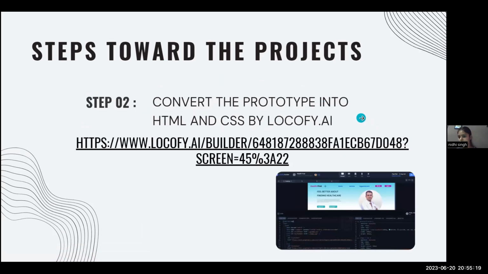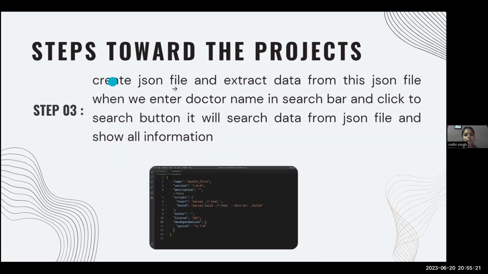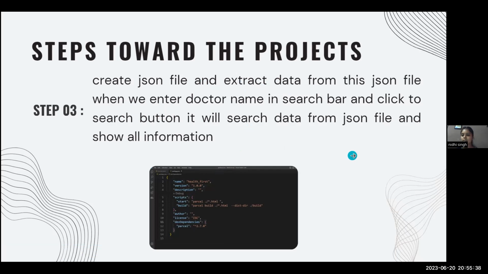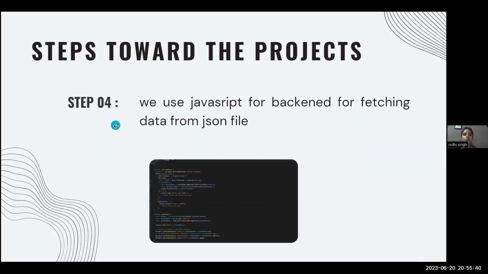After creating the prototype and front end page, I created a JSON file and extracted database data from this JSON. Here we enter the doctor's name, doctor's information, and doctor's location. Now we move to step four. After the HTML and CSS code was converted, I created and used JavaScript for the backend, and this is my JSON file code.